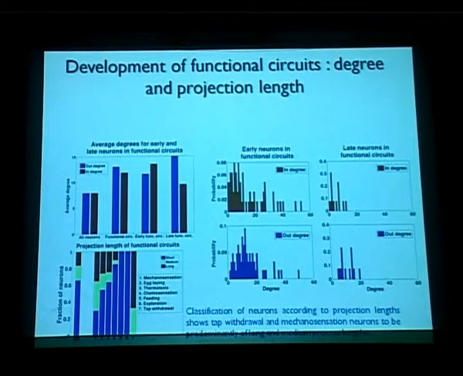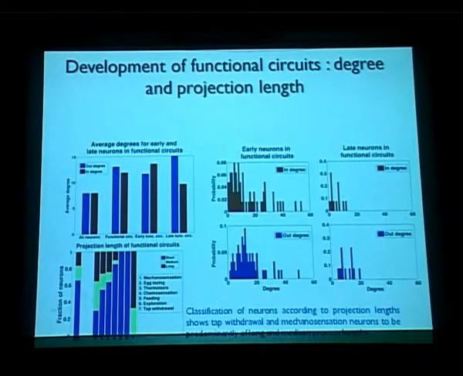And again, what we find is that if you look at all neurons, the out degree, which is the number of connections going out of the neuron, versus the in degree, is pretty much the same. But this is not true for functional circuit neurons. We find that if you look at the average degree, the out degree is higher than in degree.